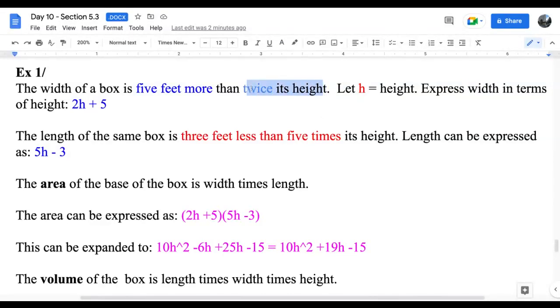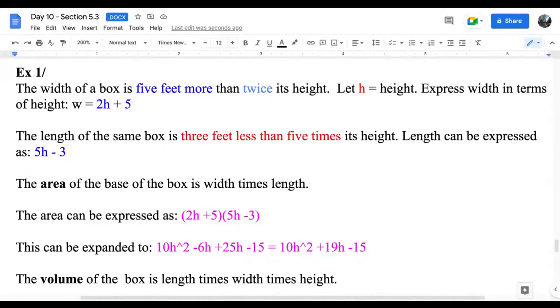Twice its height is 2h, and 5 feet more means add 5. So if we use w, width equals 2h plus 5.